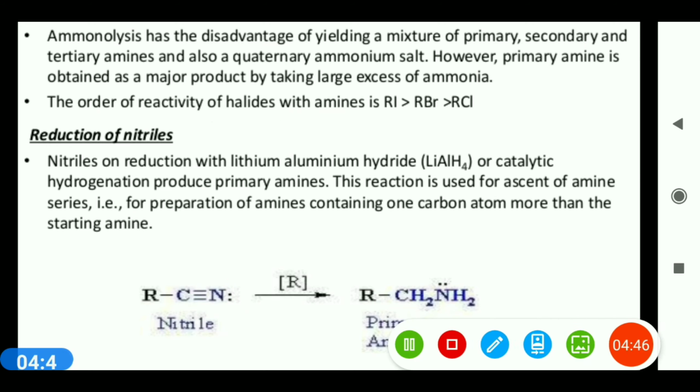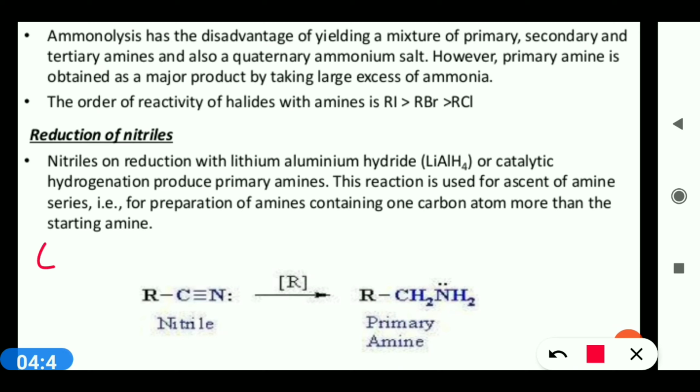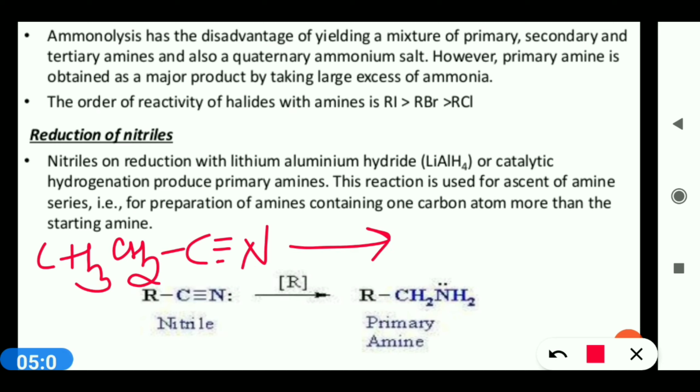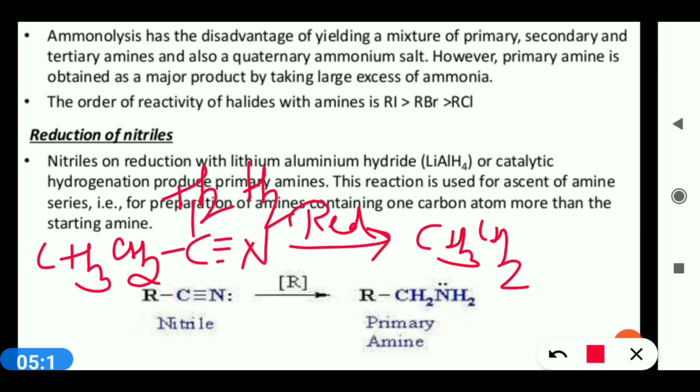For example, if your nitrile is ethane nitrile, CH3CH2CN, then on reduction it will convert to CH3CH2, now reduction means addition of hydrogen, so hydrogen gets added, it will convert to CH2NH2. Ethane nitrile converts to propanamine. Number of carbons gets increased. So this is known as the ascending of series.